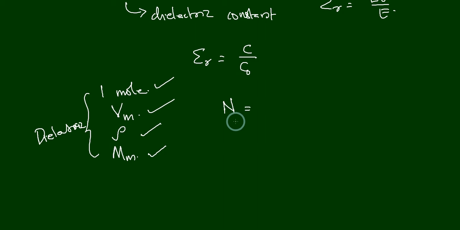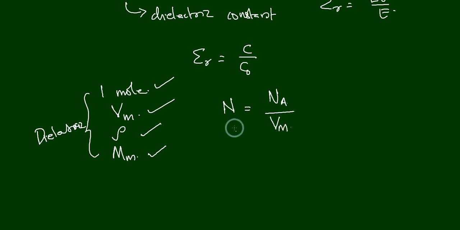This we can obtain from n is equal to Na, that is Avogadro's number, the total number of molecules present in 1 mole, divided by the volume of 1 mole, that is Vm. Then we will get the number of molecules per unit volume.